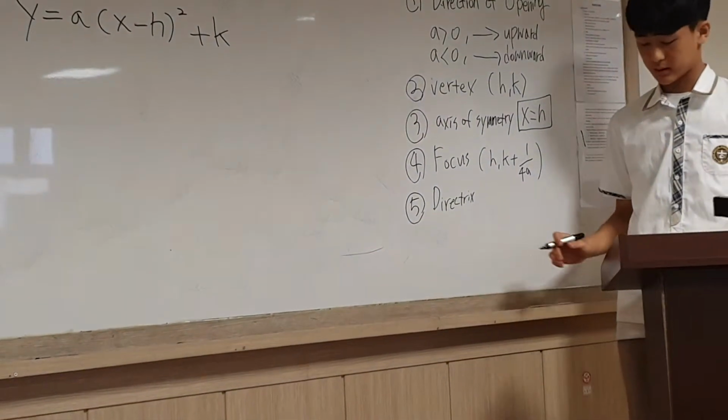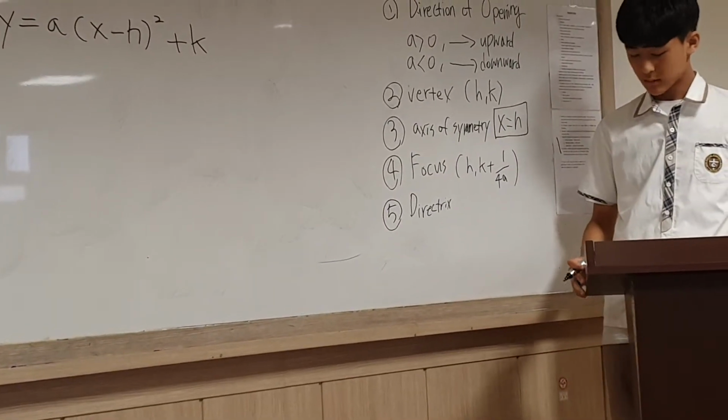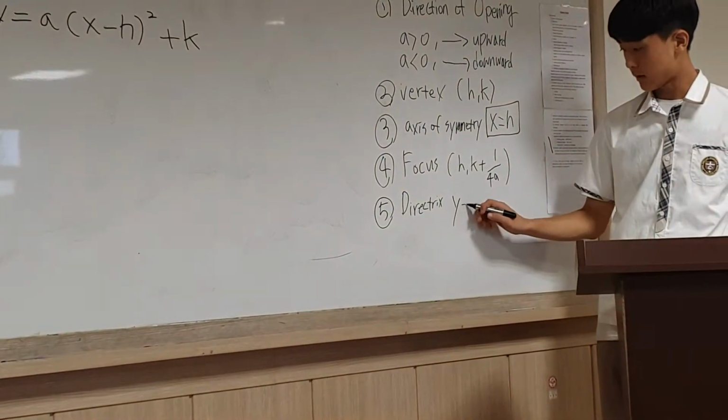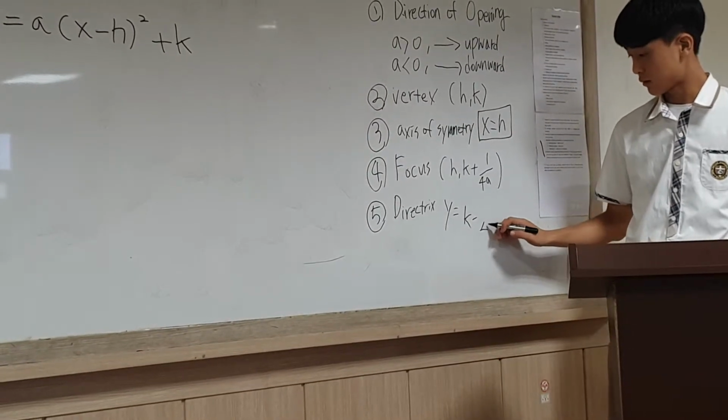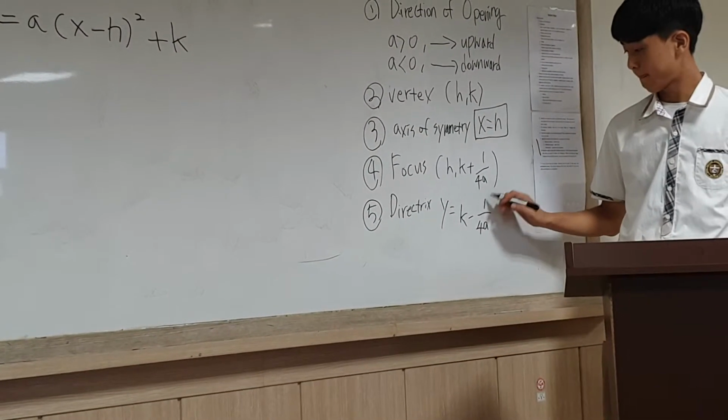Note this down because this is pretty important. The directrix would be y equals k minus 1 over 4a.